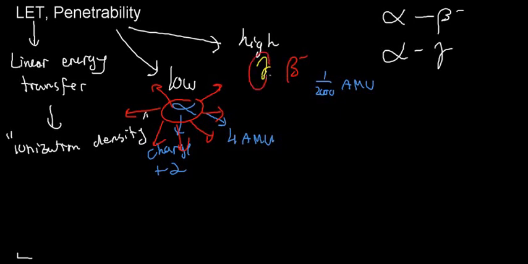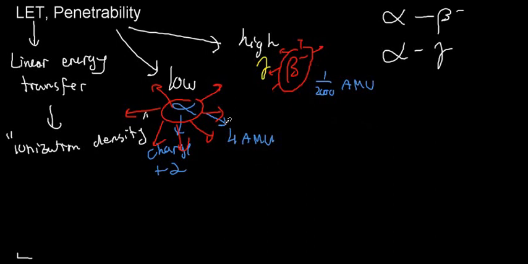Much more than this particle that is not charged at all, it's only secondary ionizing, and this particle that is only slightly charged and very, very small, and it's not going to impart a lot of energy. It's going to lose its energy in several steps, maybe bounce off of different particles, but compared to the alpha particle it's not going to have such high linear energy transfer.